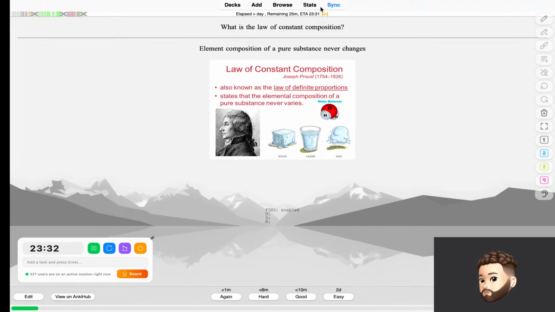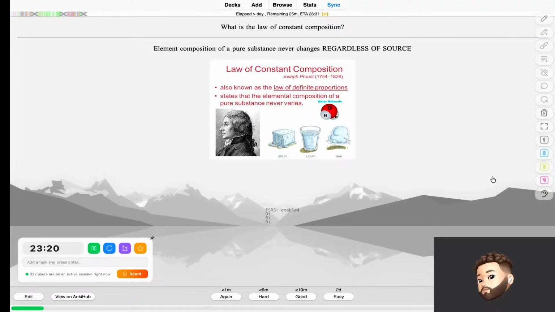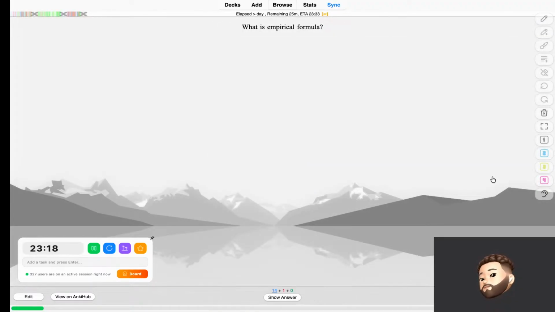Okay, we are going to click browse on this one. Okay. What is empirical formula? It's the most simple whole number ratio for a compound.